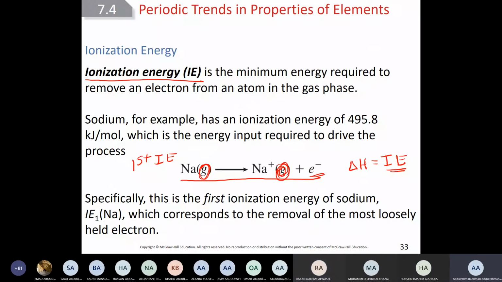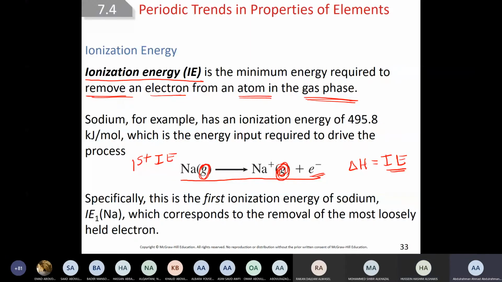So if I give an electron to chlorine, is it ionization energy? No. When you give, that's different from when you take. The ionization energy is to take, required to remove an electron from an atom in gas phase.